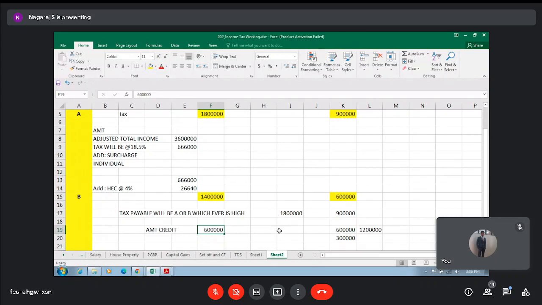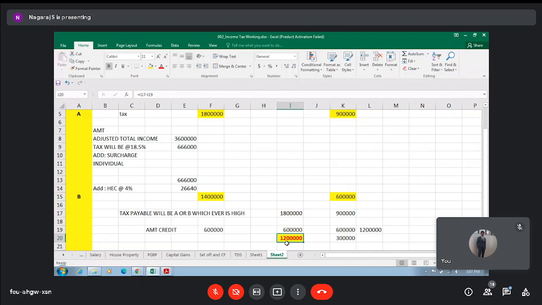Why 4 lakhs? AMT is 14 lakhs, so that much you need to pay. If I deduct 6 lakhs, 18 lakhs minus 6 lakhs, 12 lakhs will come. If I deduct entire credit of 6 lakhs, I will end up paying 12 lakhs.